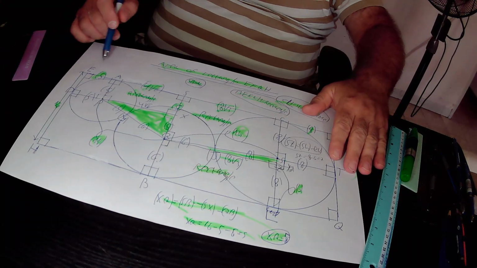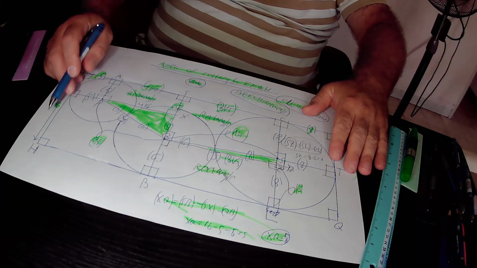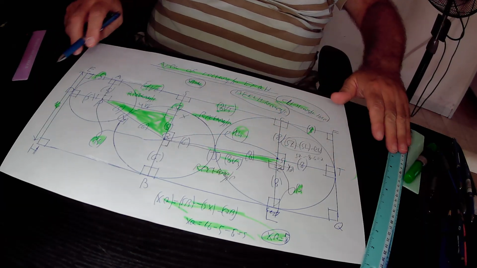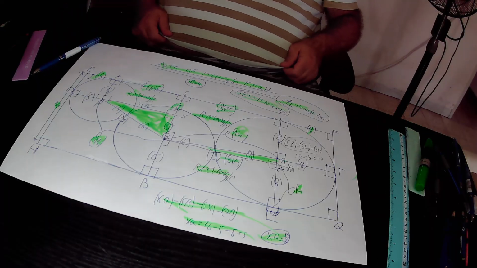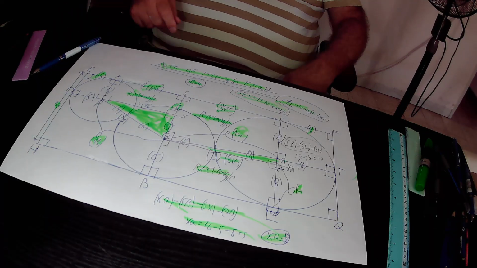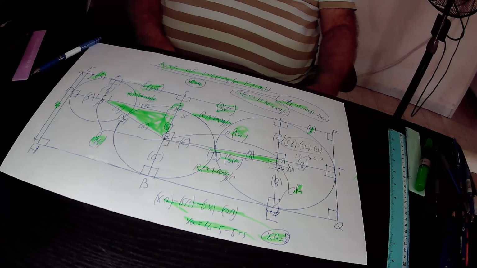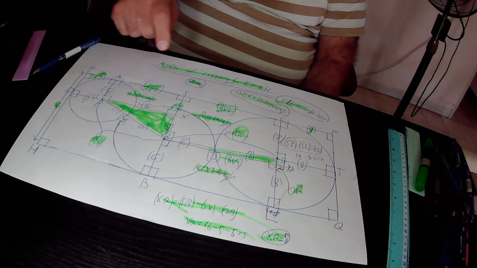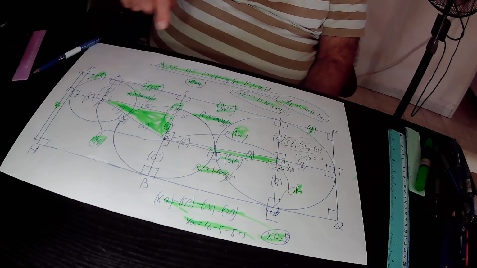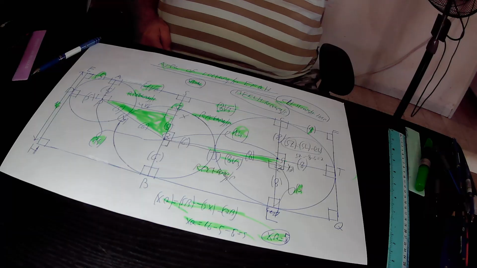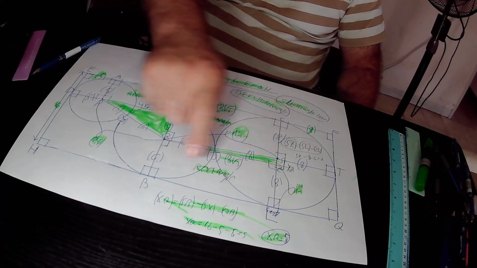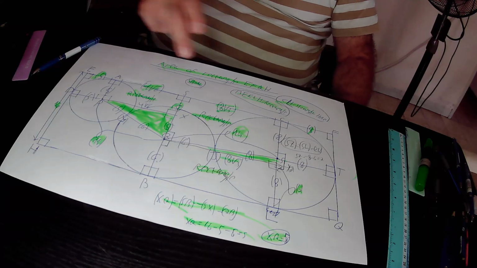And therefore shape ECLH has 4 sides, 1, 2, 3, 4, and therefore it is a quadrilateral. But in quadrilateral ECLH we have 4 right angles, 1, 2, 3, 4.